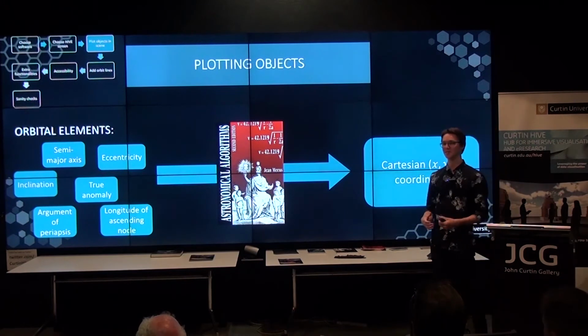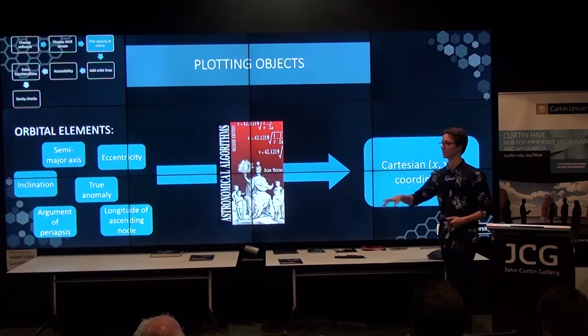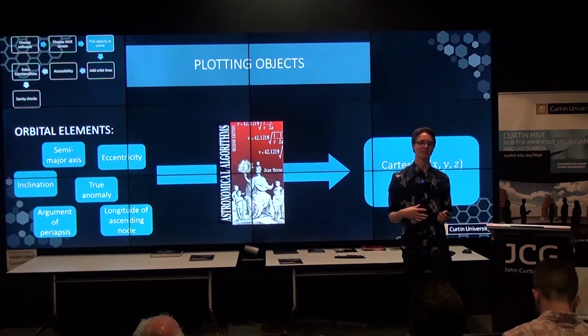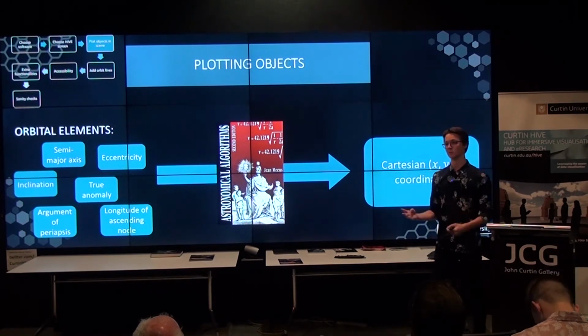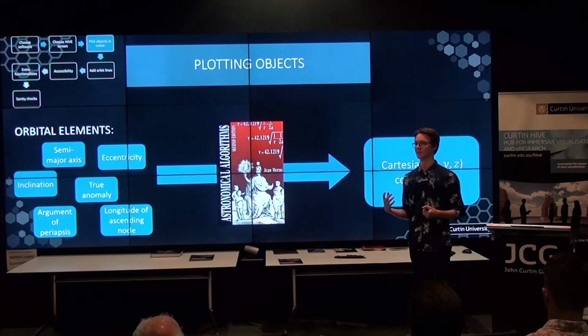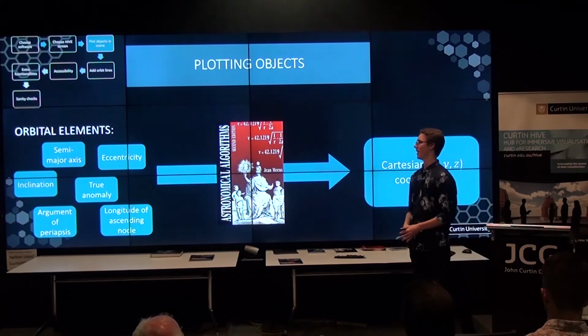The first step in the project was plotting objects in the solar system. I was given the orbital elements of every object, which is to say, every object that orbits something has 6 orbital elements that can describe that object's ellipse that it carries out.